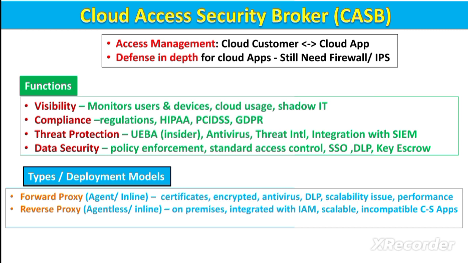So this deployment is scalable since you do not need to deploy agents on each and every endpoint. However, there could be compatibility issues with regards to client to server applications.